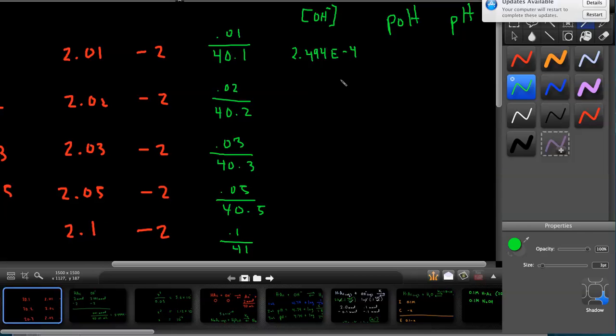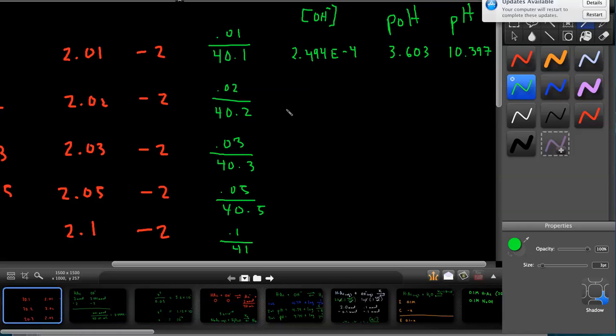The pOH is 3.603, which means the pH would be 10.397.